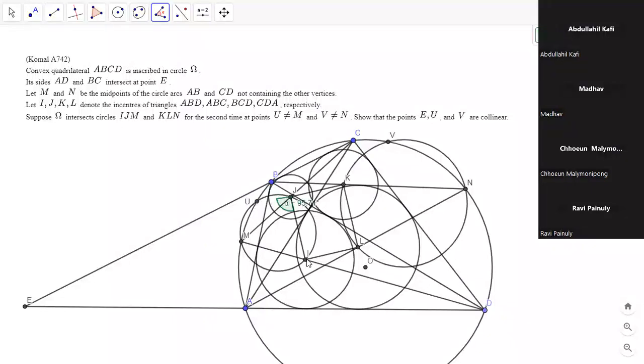Right, the spiral similarity. Yes. So UJI is similar to UCB, and VKL is similar to VBA, and JI is equal to KL.